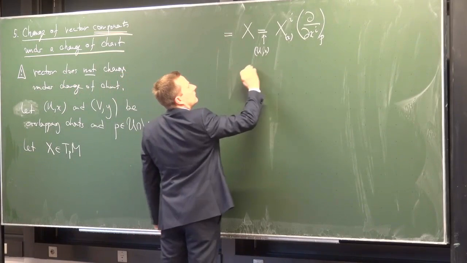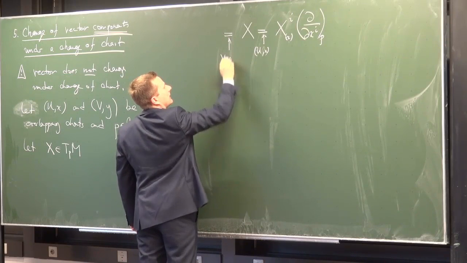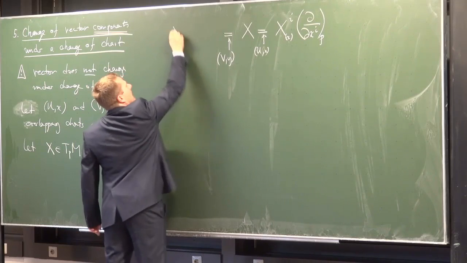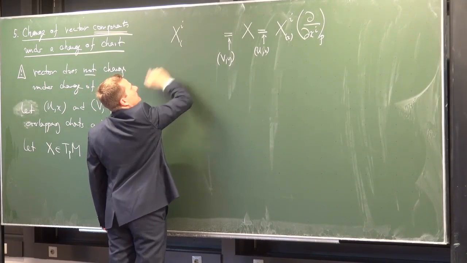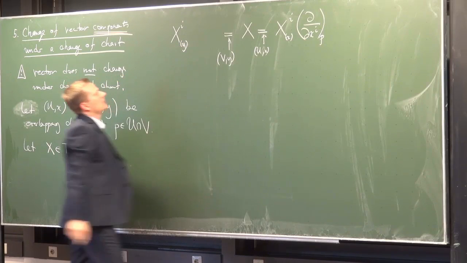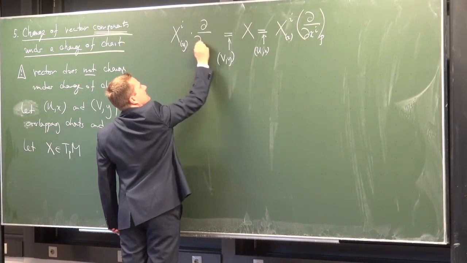But now, of course, fully independently, you can choose the chart (V, y), because the point p is in the overlap region, and you must generically use different components with respect to the different bases.